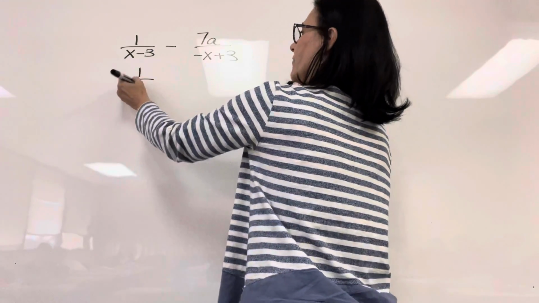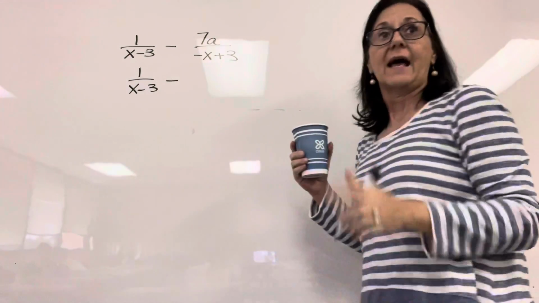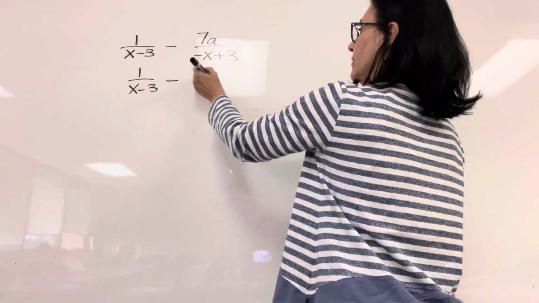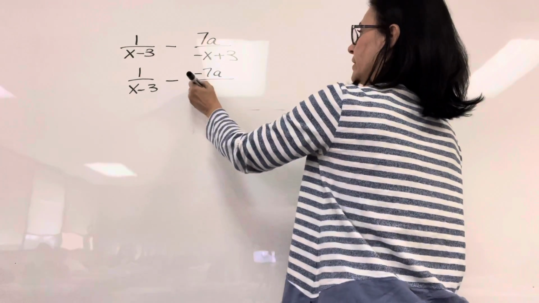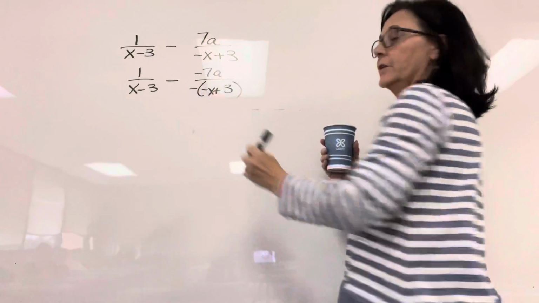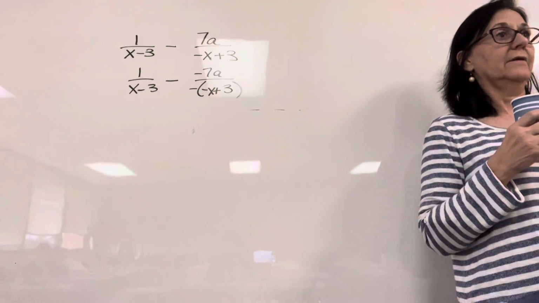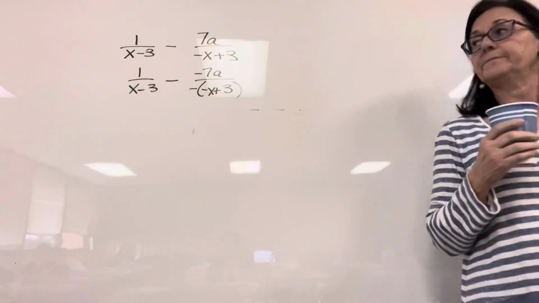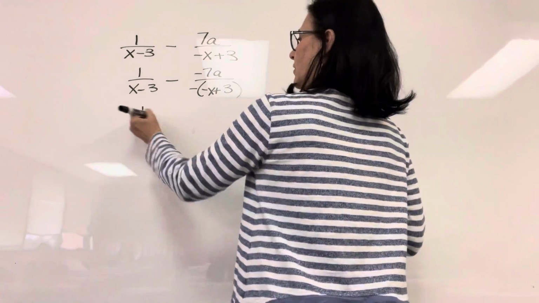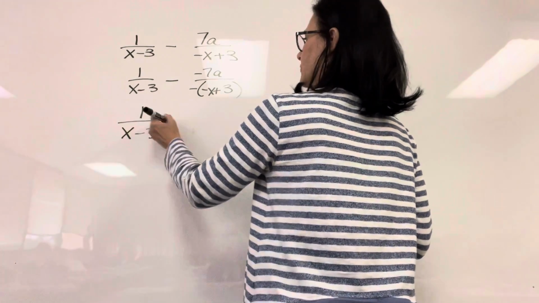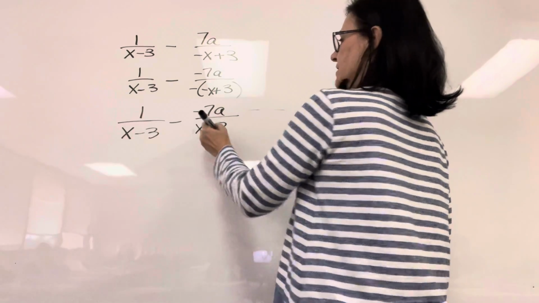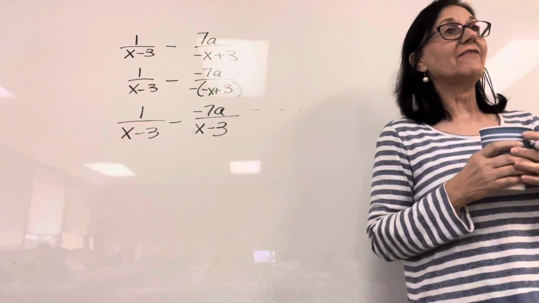So it's 1 over x minus 3 minus, that one that we're not changing, right? We're going to change the numerator, and we're going to change the denominator. Following me so far? As long as I change two signs, I don't change the value. So I end up with 1 over x minus 3 minus negative 7a over x minus 3. Now I have a common denominator.